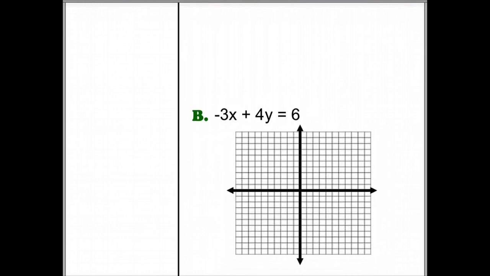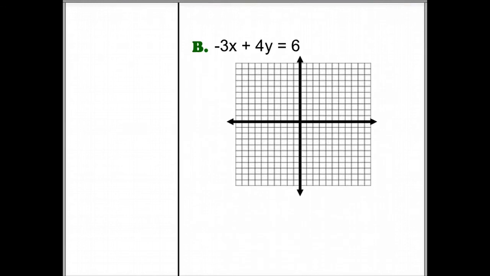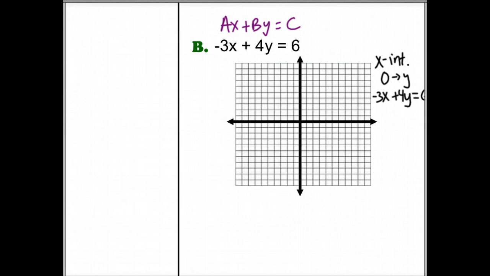So here's another problem here. And you can tell this is standard form because you have ax plus by equals c. So again, the very first thing that we do is we find the x-intercept, where we plug 0 in for y. And so we have negative 3x plus 4y equals 6.